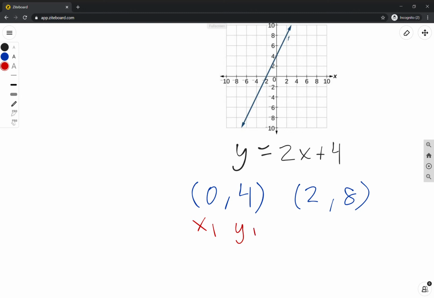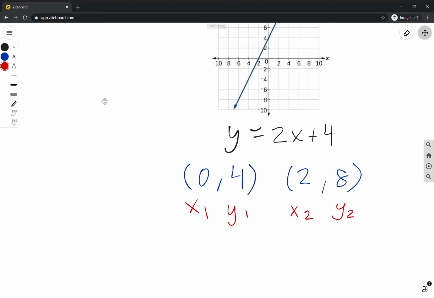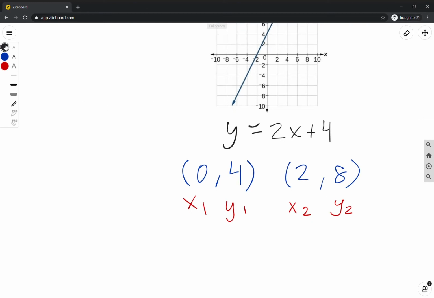And then for the other point, we can choose x2 and y2. Now let's enter the equation. The equation for slope, like I mentioned, is change in y divided by change in x, or you'll sometimes see it written like this: y2 minus y1 divided by x2 minus x1.